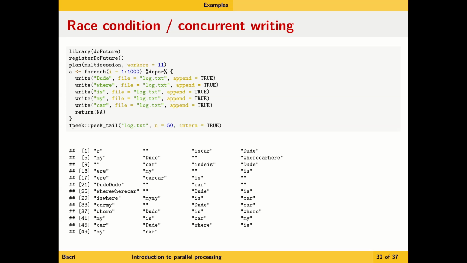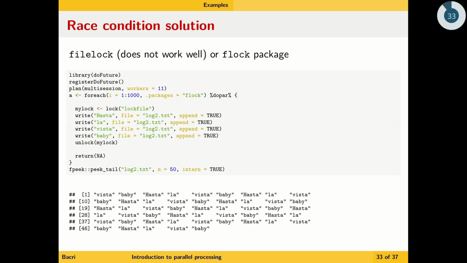So the way to solve this is the flock package. Do not confuse it with FileLock. There are some problems with it. The idea is that you define an access condition to the file that you want to write on. So here, this creates a lock on a file called lock file, and then does any task that you want, and then unlocks it.